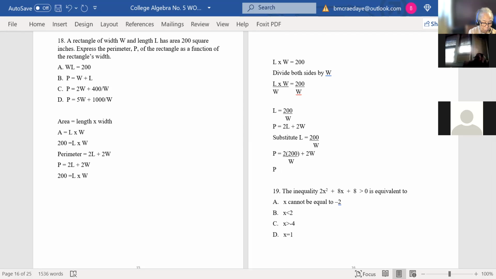P, perimeter, equals 400. 2 times 200 is 400 divided by W. So let's put our W here. And this is plus 2W. Okay, now what does that look like?